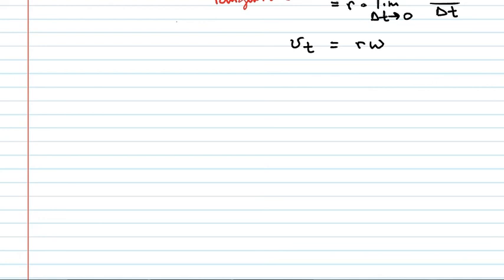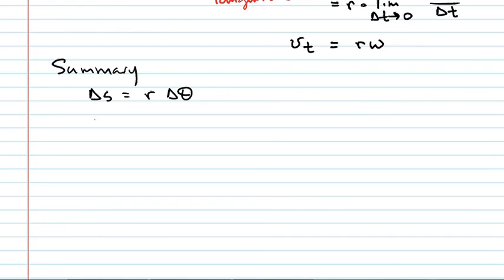So now, to summarize very quickly, the delta s, which is very similar to the linear displacement, is r times the angular displacement.